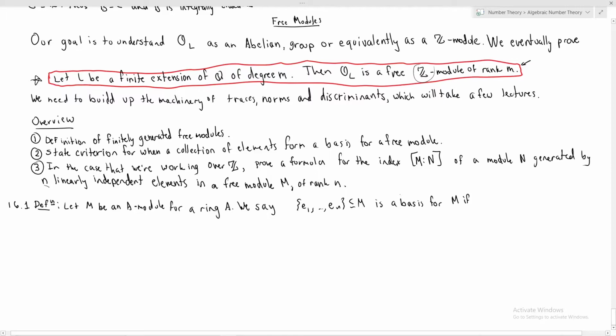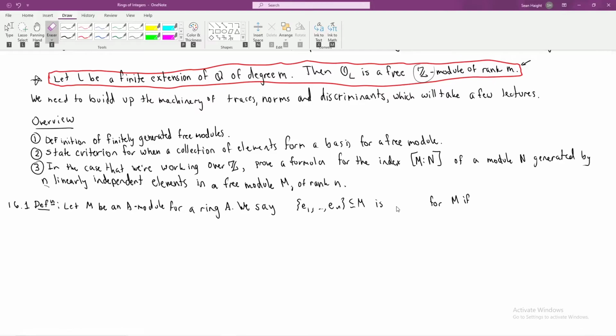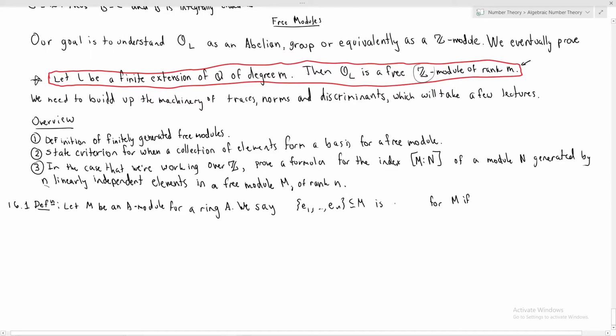One, a linear independence condition: if a linear combination of these e sub i's is 0, then each a sub i actually has to be 0.